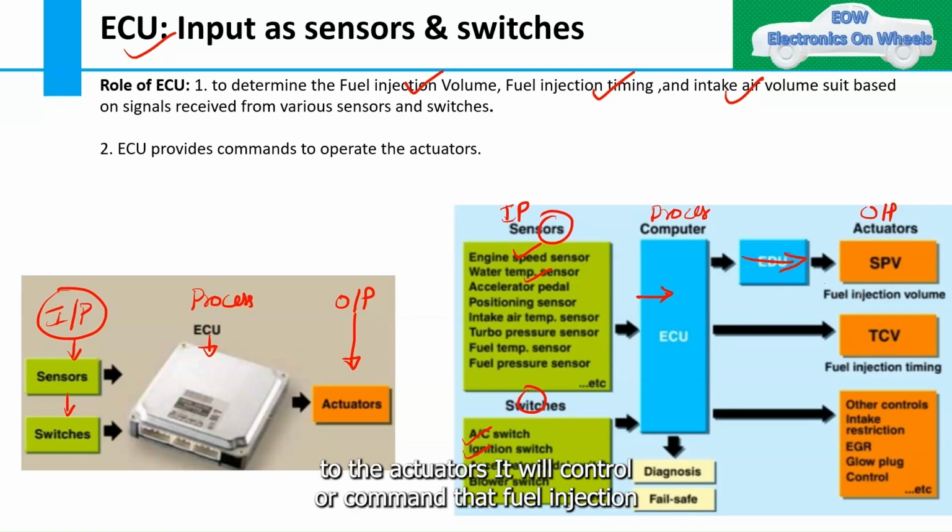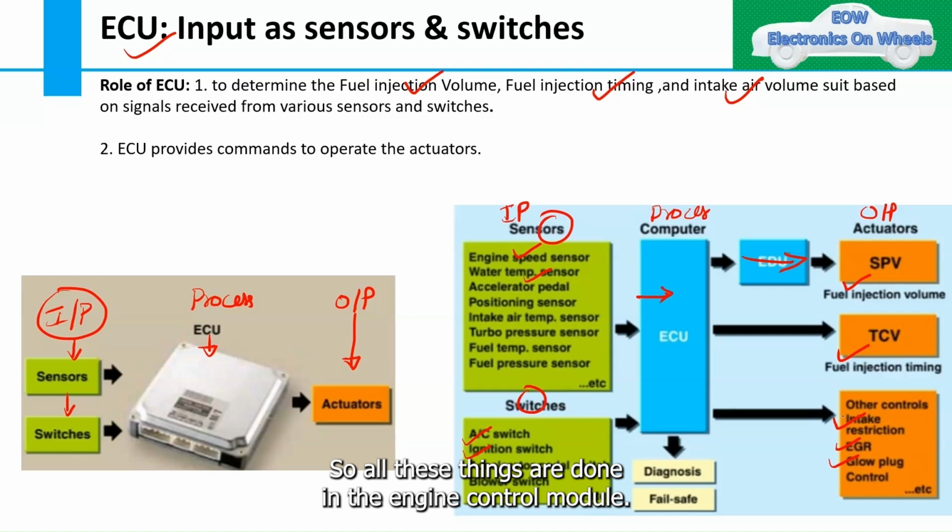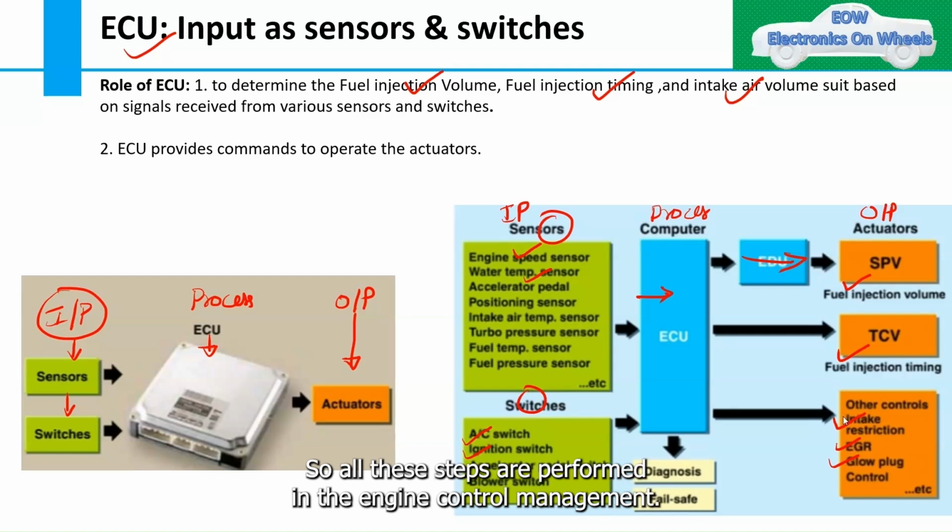It will control or command the fuel injection volume, fuel injection timing, and other controls like intake restriction, EGR, glow plug control. All these things are done in the engine control module. So all these steps are performed in engine control management.